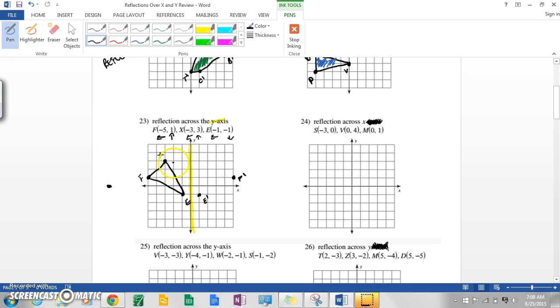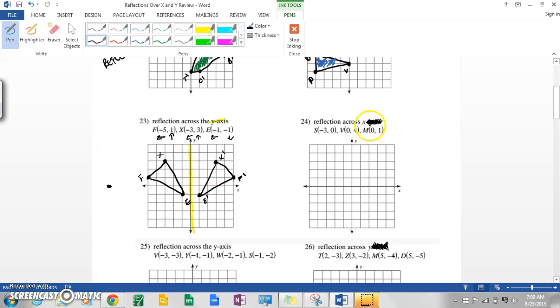X is going to be 1, 2, 3 units away from the line of reflection. So it's 1, 2, 3 units away from the line of reflection in this case. Connect my points. Here's my reflection.